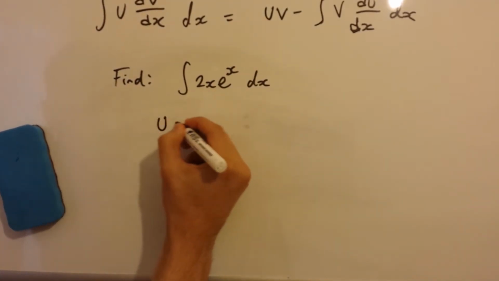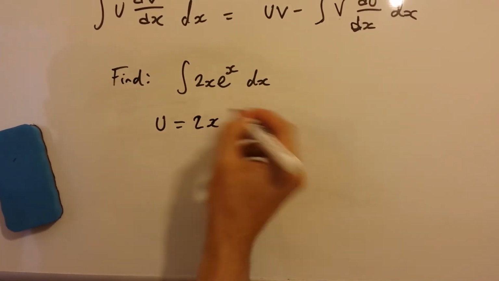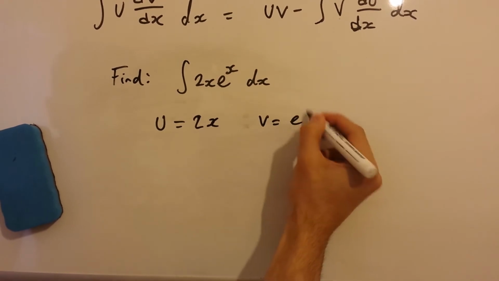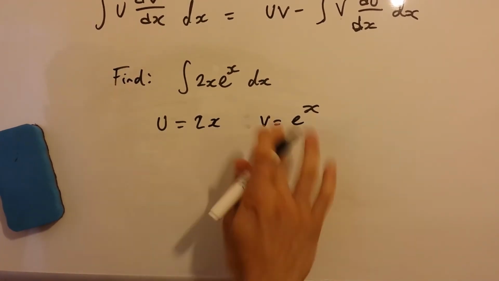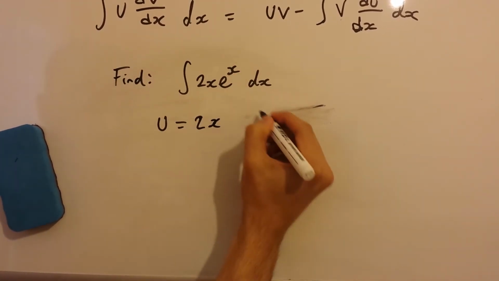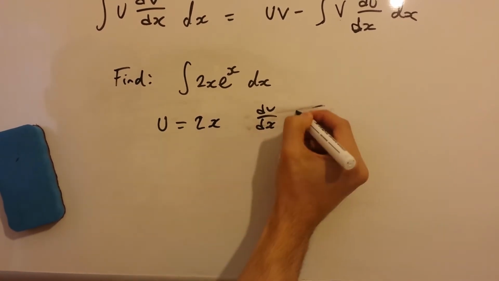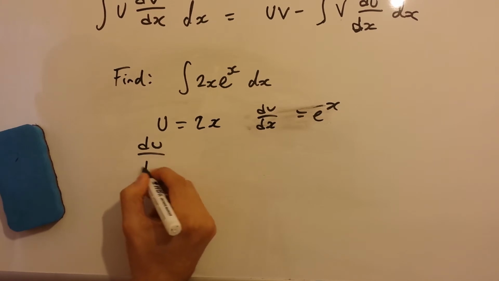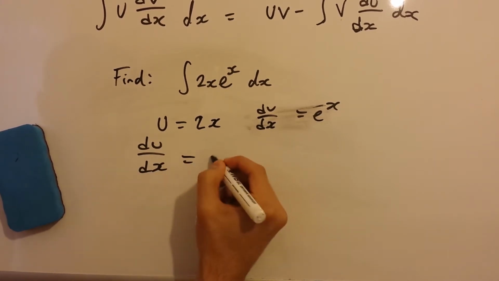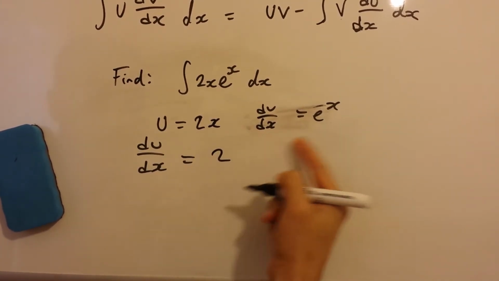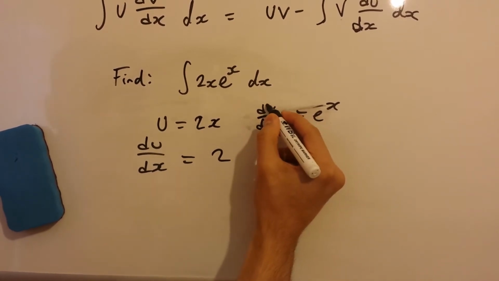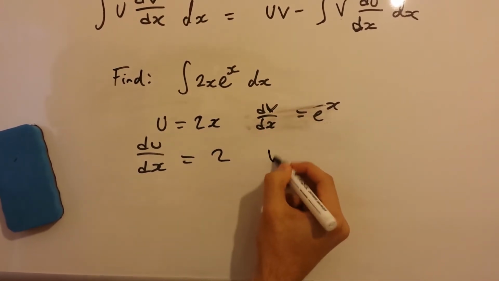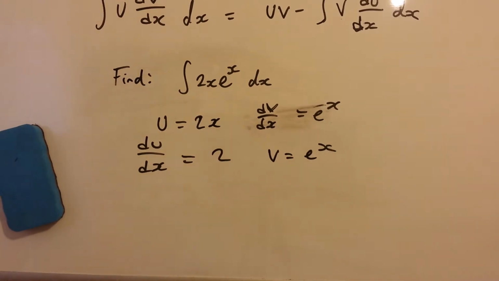So u equals 2x, dv over dx is equal to e to the x. And when you differentiate u, you get 2. When you integrate this, you get v equals e to the x.